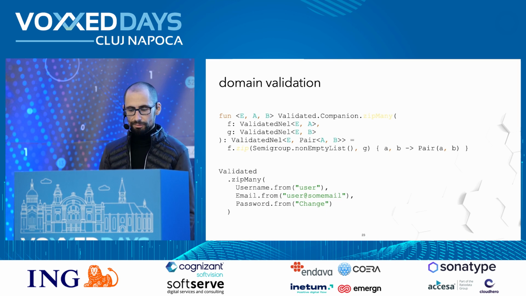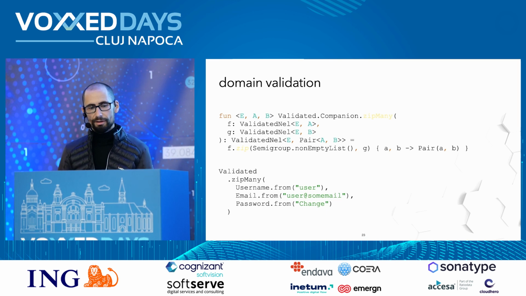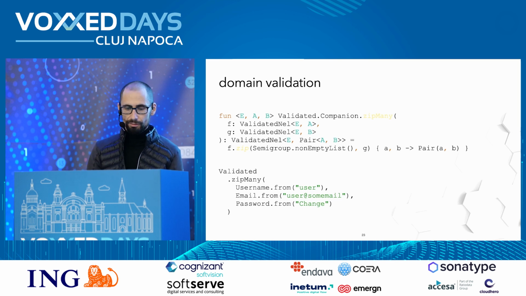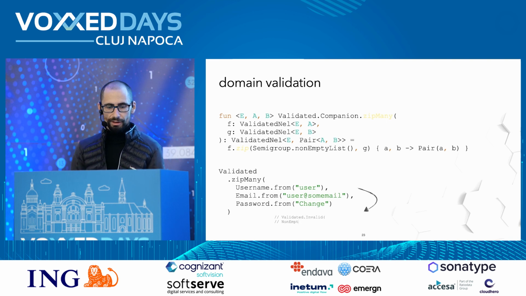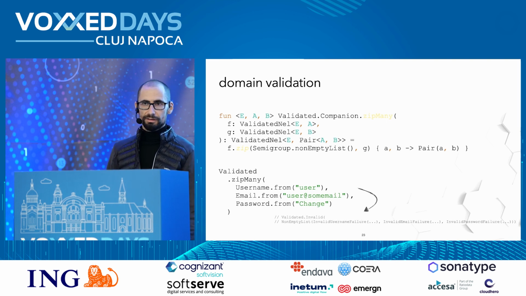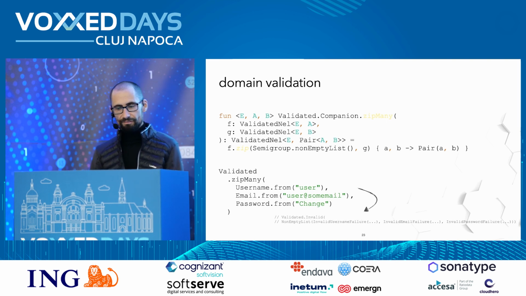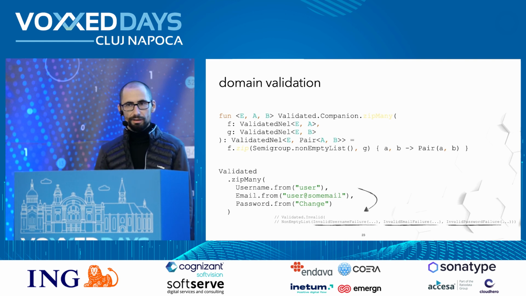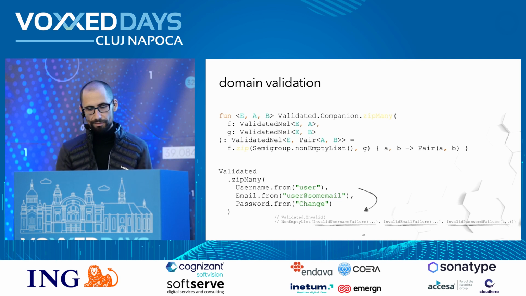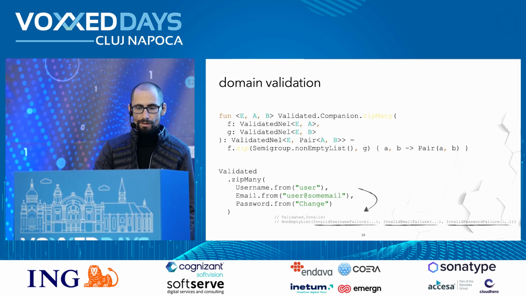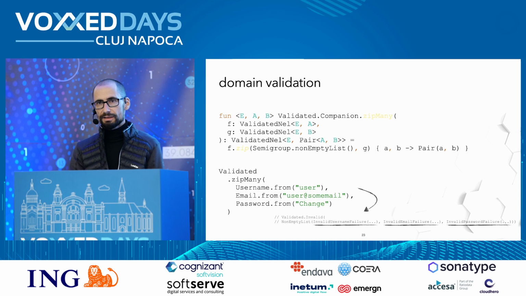They do not respect our business rules. And what we are going to get back is an Invalid, so the left, and inside of the Invalid we are going to get a non-empty list that contains the invalid username, invalid email, and so on. This would be the first step to validate that the user input is valid.